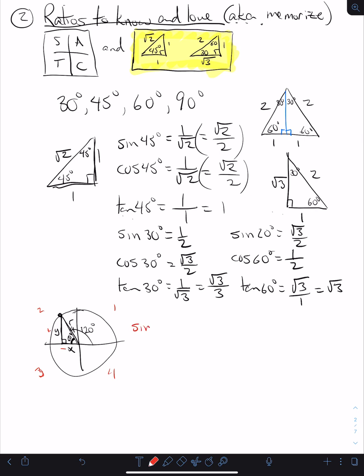So the sine of 120 degrees is going to be the same as the sine of 60, which is root 3 over 2. And the cosine of 120 degrees, well, that'll be the adjacent over the hypotenuse. So again, if I look at my triangle, that's going to be 1 over 2. The problem is it's negative 1 over 2.